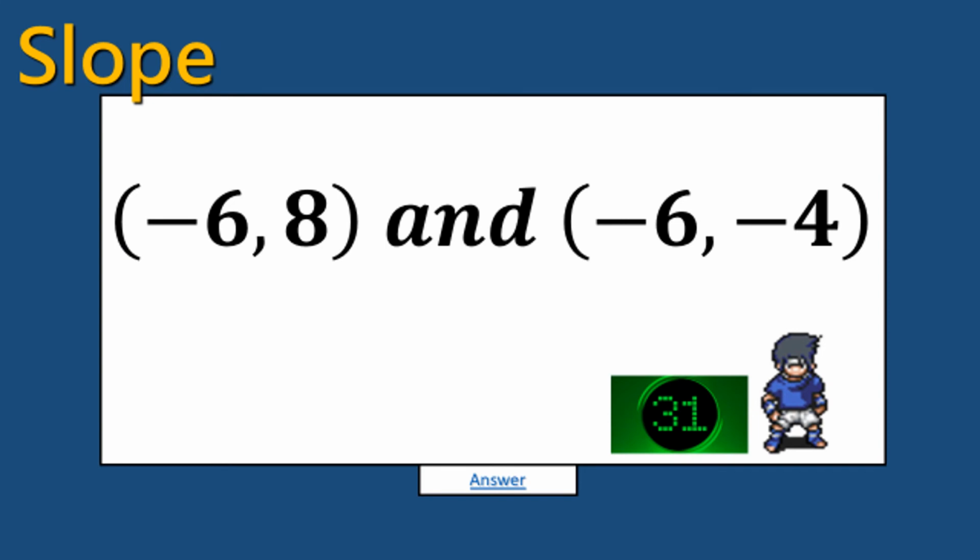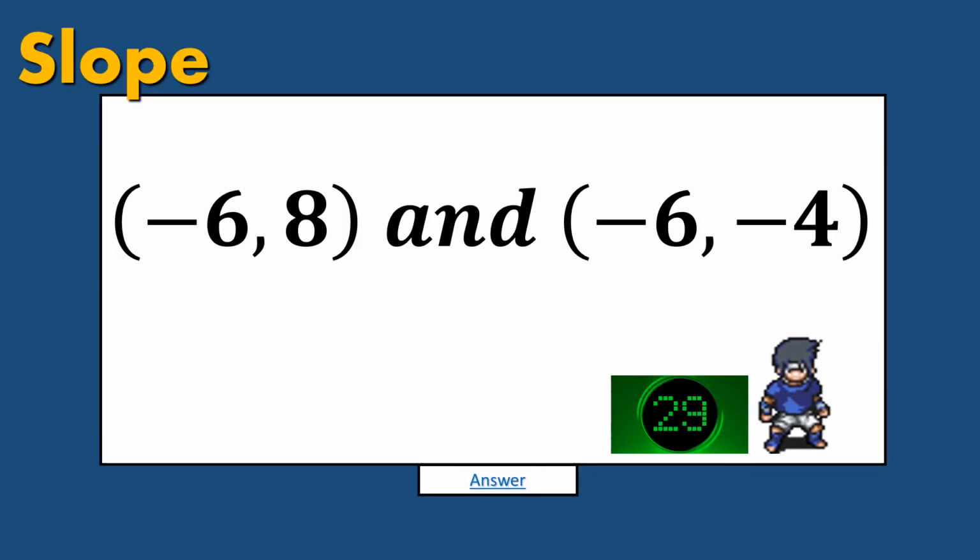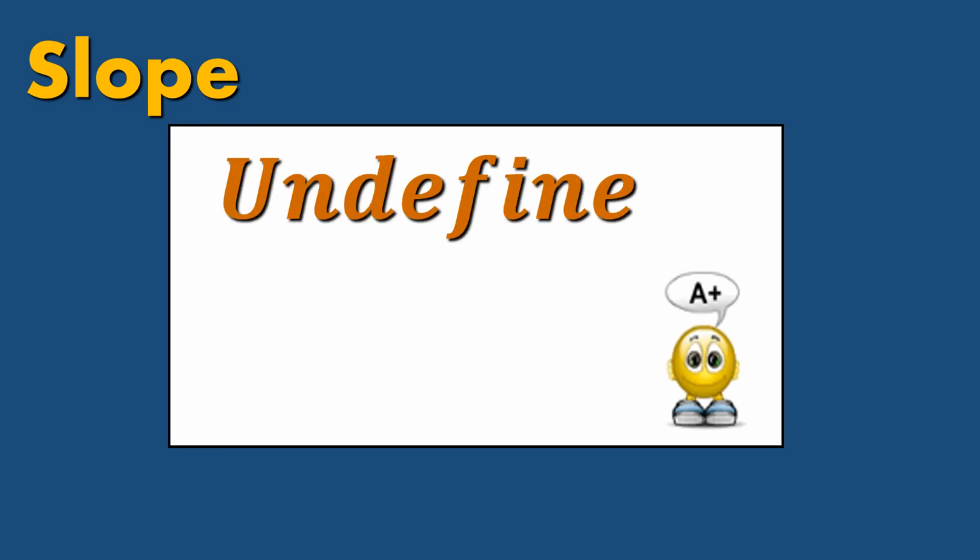Another given is (negative 6, 8) and (negative 6, negative 4). This time, the answer is undefined slope.